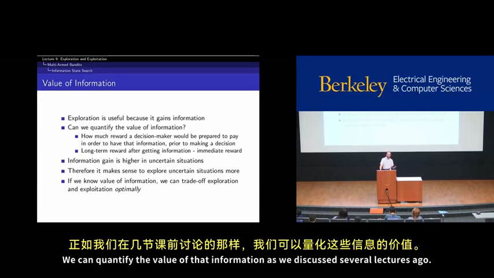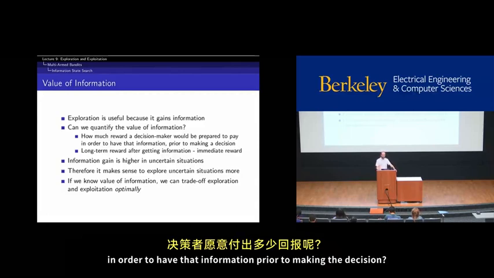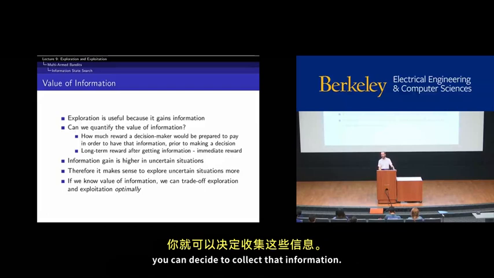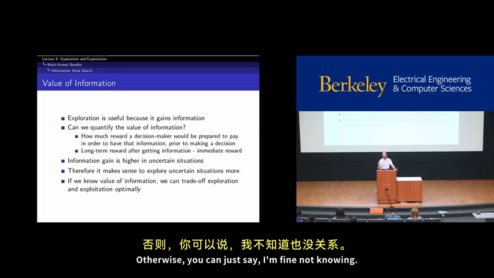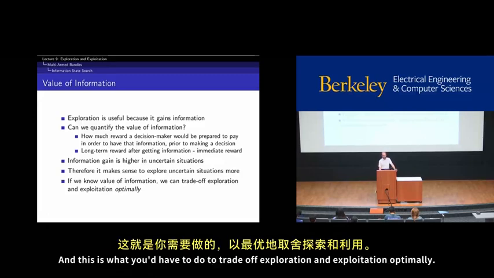We can quantify the value of that information, as we discussed several lectures ago: how much reward would a decision maker be prepared to pay in order to have that information prior to making the decision? And so if your value of information is high enough, you can decide to collect that information. Otherwise, you can just say, I'm fine not knowing. It's not going to probably matter to me.